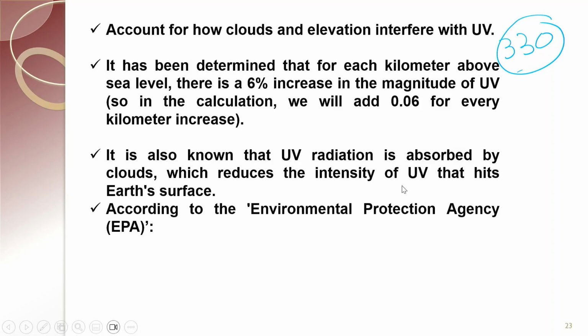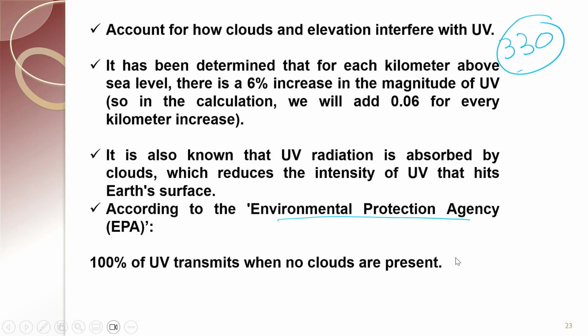According to the EPA, Environmental Protection Agency, they have specified what the factor will be for different types of cloud cover. Like 100% UV transmission will be there when there is no cloud, so the factor will be 1.